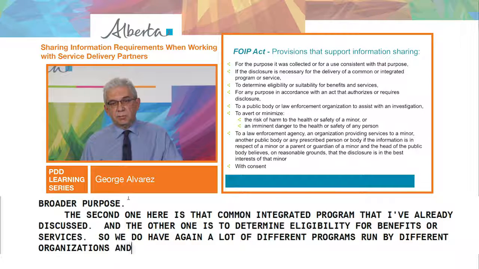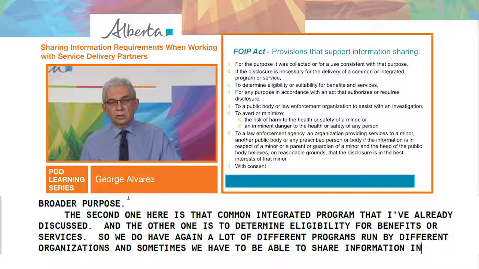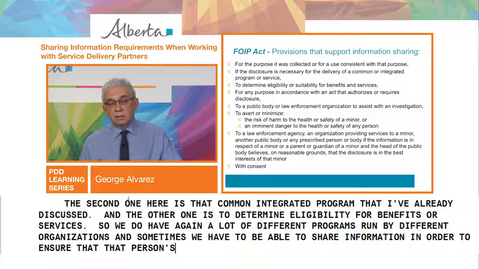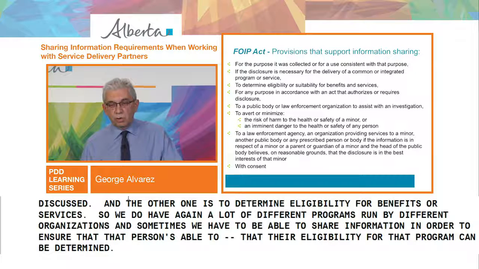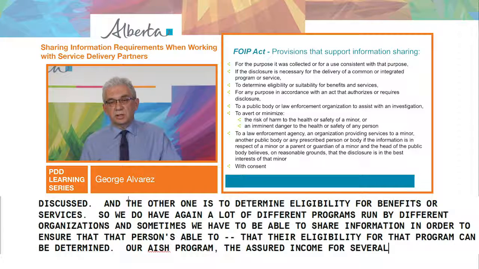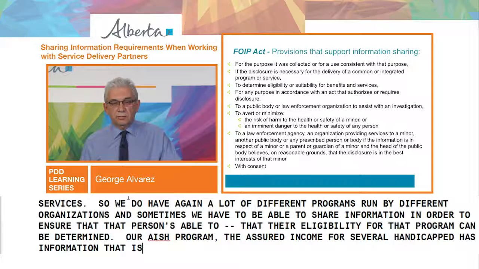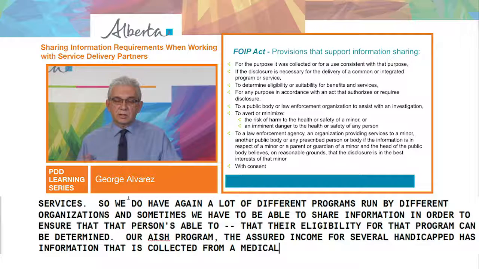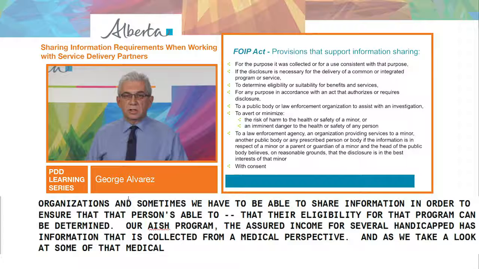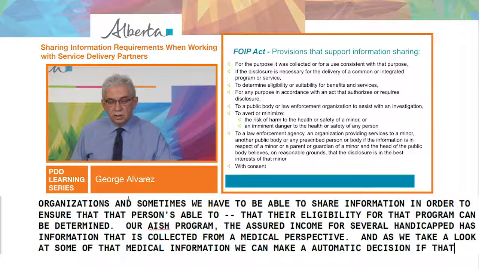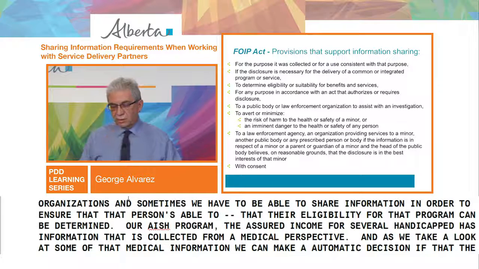And sometimes we have to be able to share information in order to ensure that that person's eligibility for that program can be determined. Our AISH program, the Assured Income for Severely Handicapped, has information that is collected from a medical perspective. And as we take a look at some of that medical information, then we can make an automatic decision that the person is eligible for PDD services in certain cases.